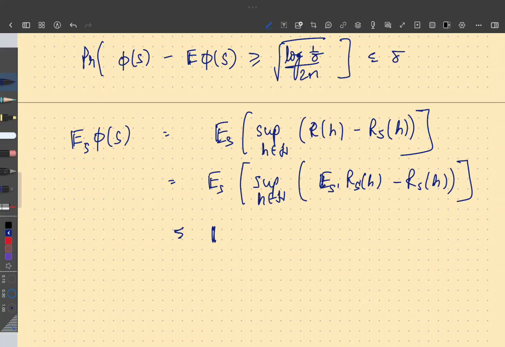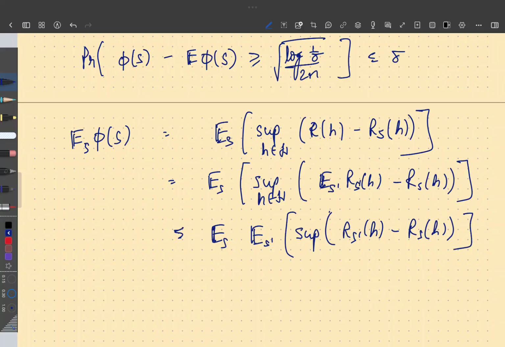So this is less than or equal to the expectation over s of the expectation with respect to s prime of the supremum of rs prime of h minus rs of h. Just because the supremum of a sum is always lower bounded by the sum of the supremums. Because expectation is nothing but a sum, it's just an average.